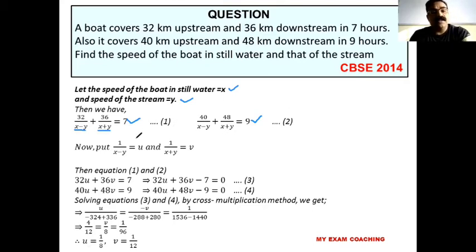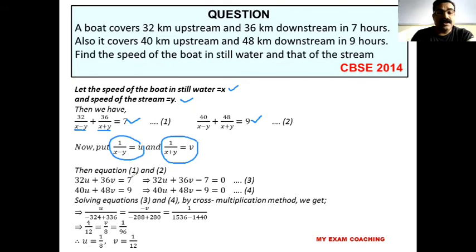To solve, first we will put 1 by x minus y equal to u and 1 by x plus y equal to v. So equation 1 can be written as 32 into 1 by x minus y. In place of 1 by x minus y, we put u. So 32u plus 36v is equal to 7.